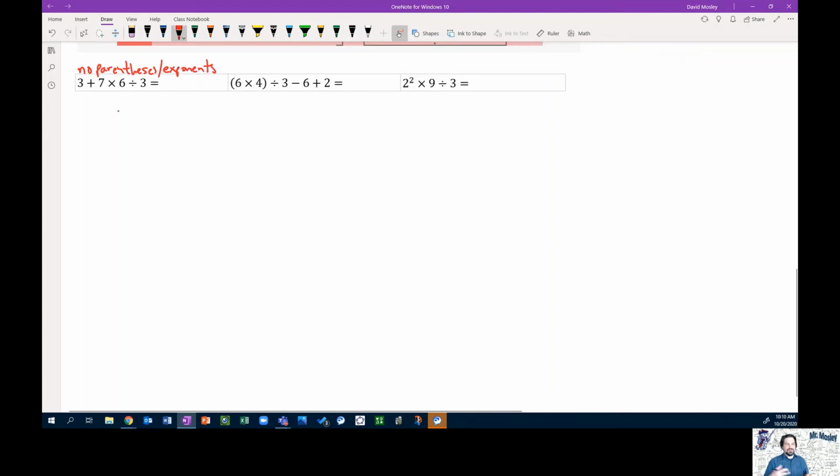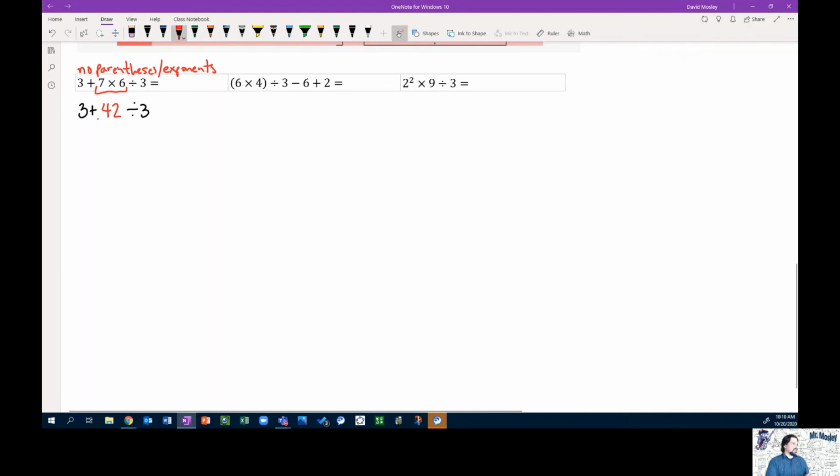So that means we go to multiplication and division. Left to right, multiplication happens first. So we'll do this operation first. We'll have 3 plus 7 times 6, which is 42, and then divided by 3.